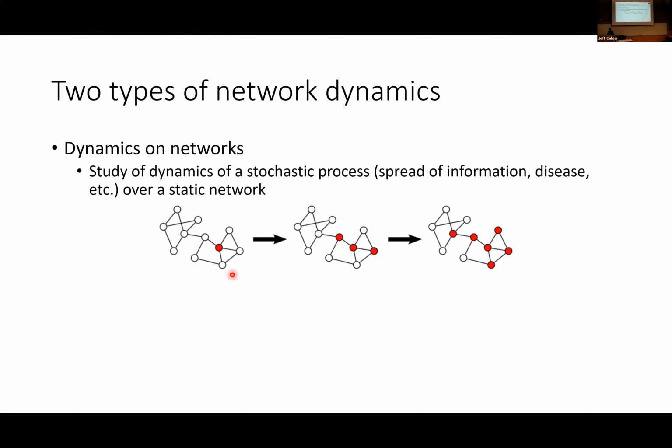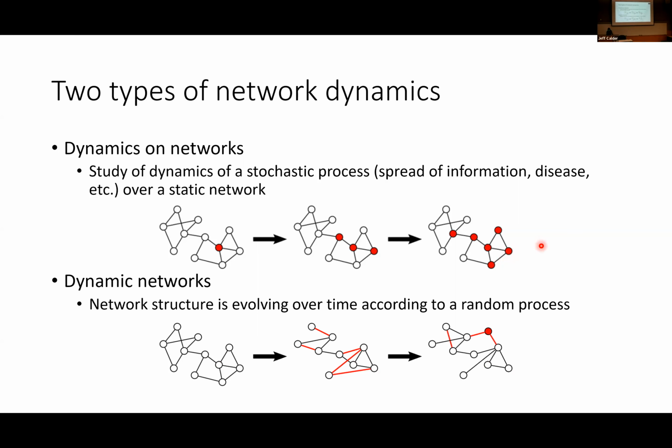Let's say you have a fixed network like this, and this person wants to start a rumor. Then you see over time, this person has propagated the rumor to these people who then spread that rumor even further. This is called dynamics on networks. You have some process taking place on the network itself, but the network is not changing.